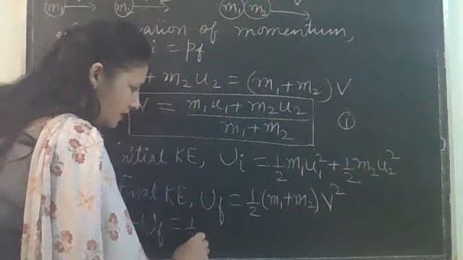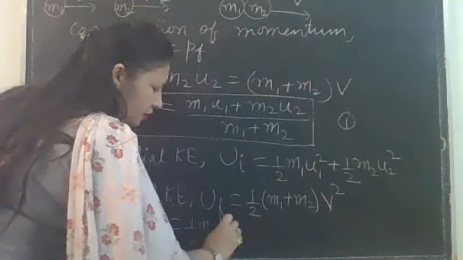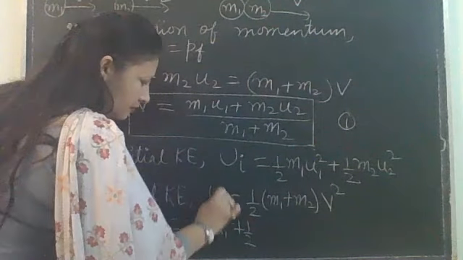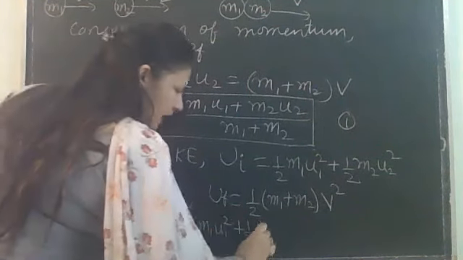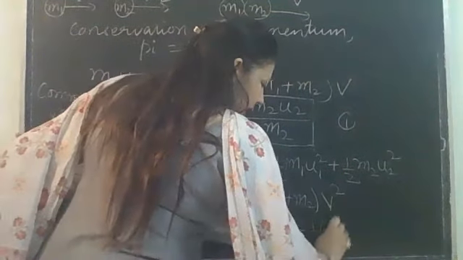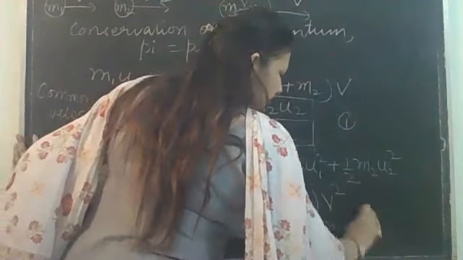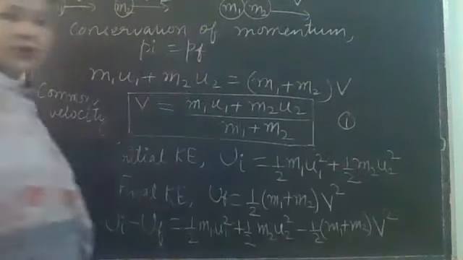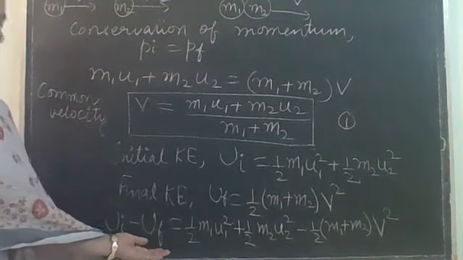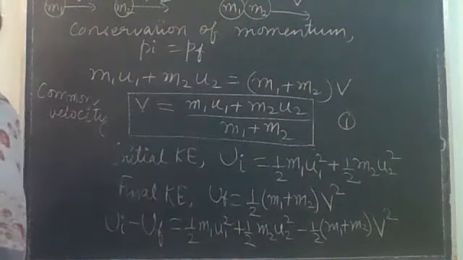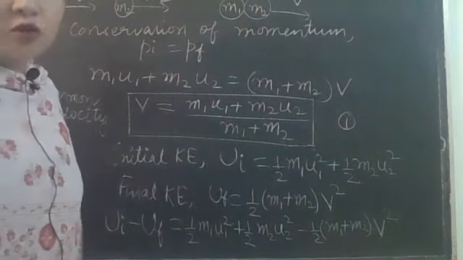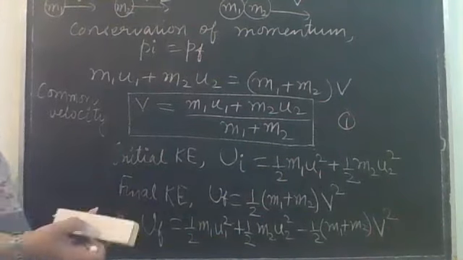So put in the values: half m1 u1 square plus half m2 u2 square minus half m1 plus m2 v square. So we have substituted the values of initial and final energies and written it in the equation. Now we just have to solve.